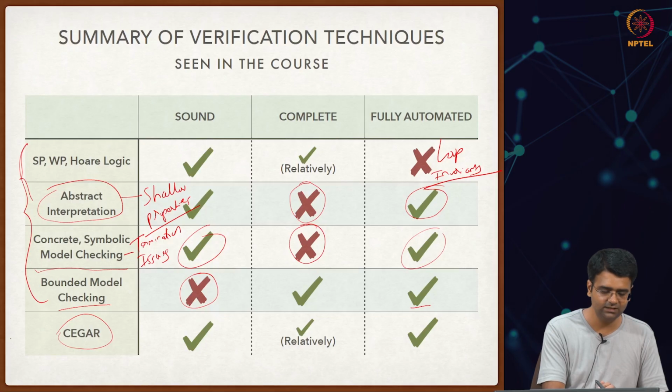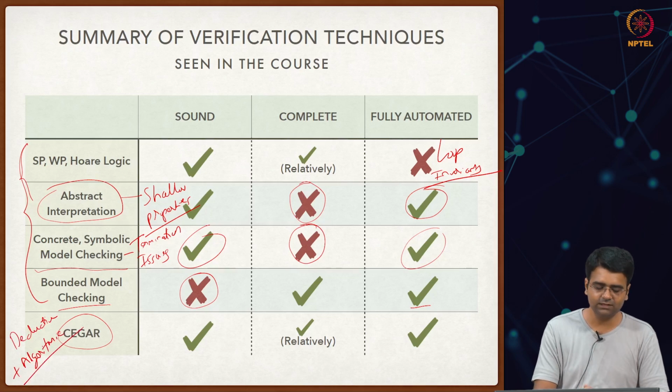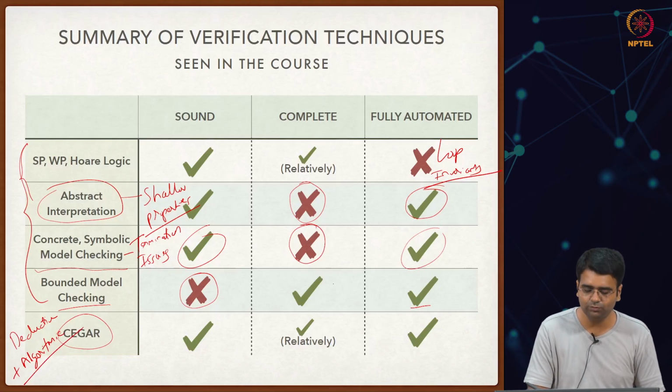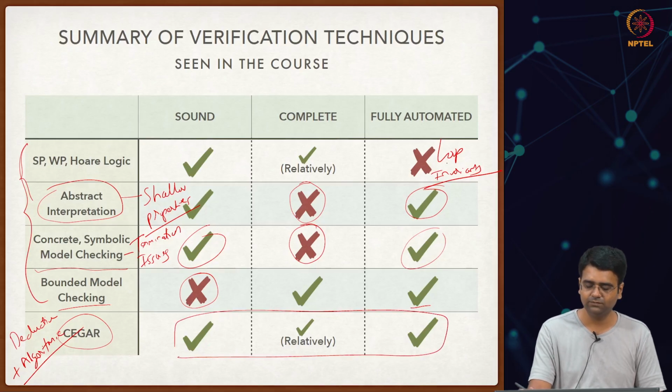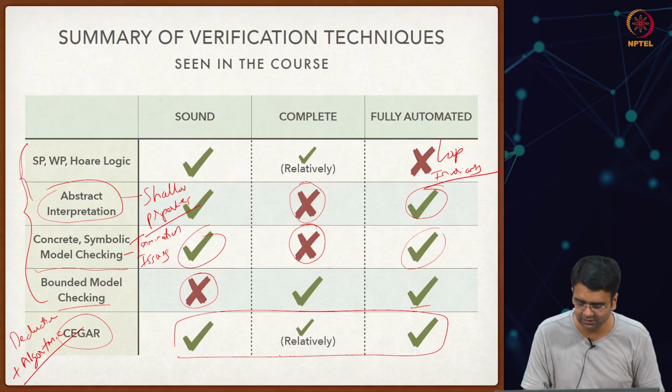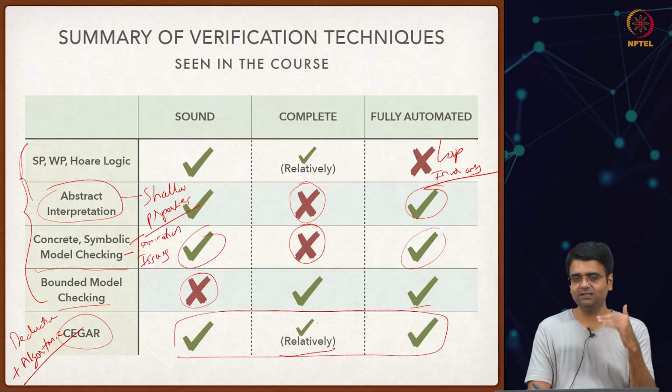So CEGAR is deductive plus algorithmic. So it combines both deductive and algorithmic approaches, and the end result is that it is probably the most successful out of all the 5 techniques that we have seen. So not only is it sound and fully automated, but it is also relatively complete, relatively meaning that it restricts the space of predicates.